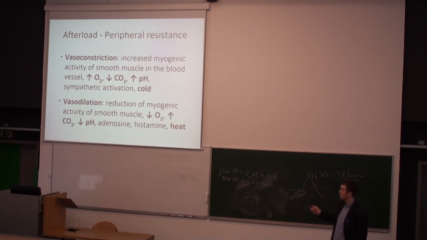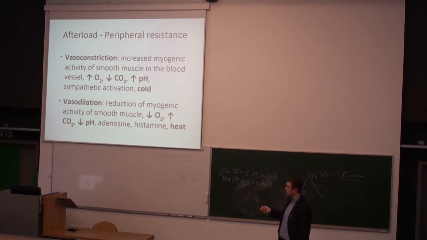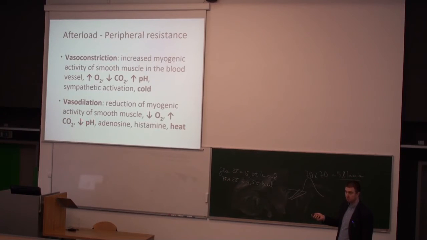And it's combined with the pH, since low accumulation of acid means high pH. In working tissue, you have the opposite situation. Lack of oxygen, a lot of carbon dioxide, and low pH. Low pH due to carbon dioxide or lactate accumulation. And therefore, you should do the vasodilation.